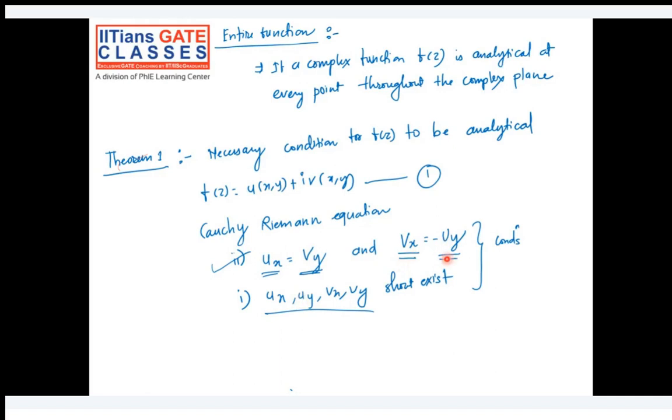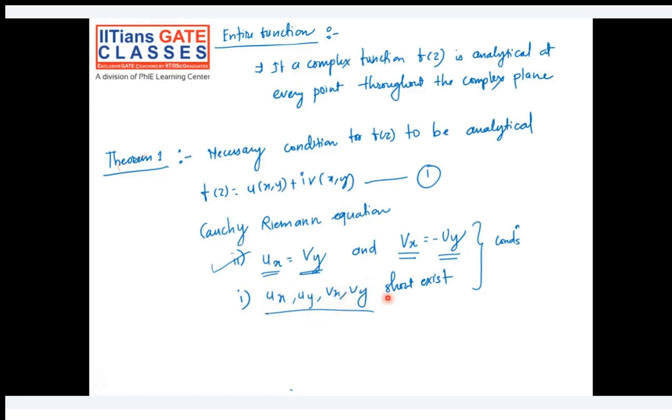And all the derivatives ux, uy, vx and vy, this is the first case actually: they should exist. This is the first criteria.